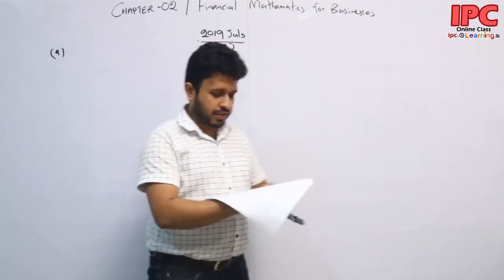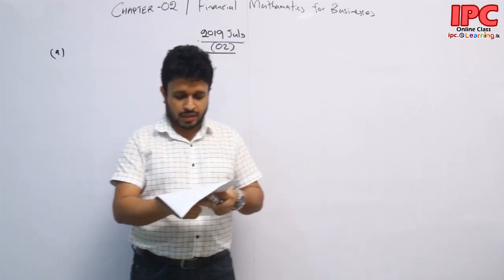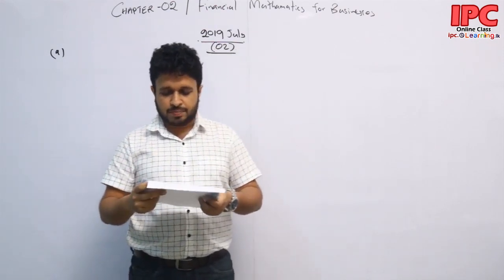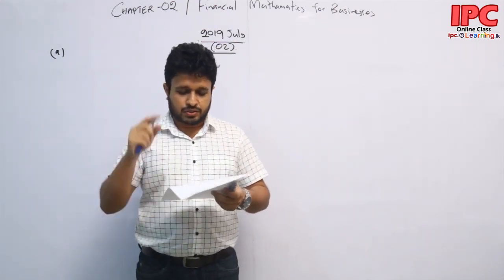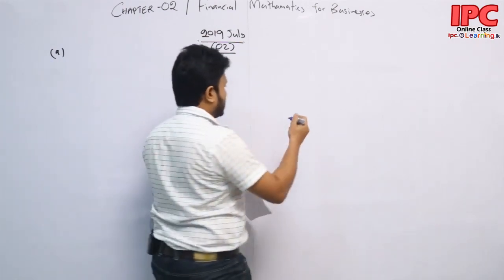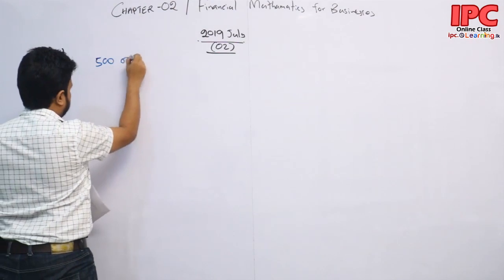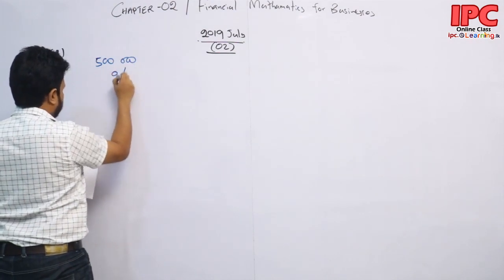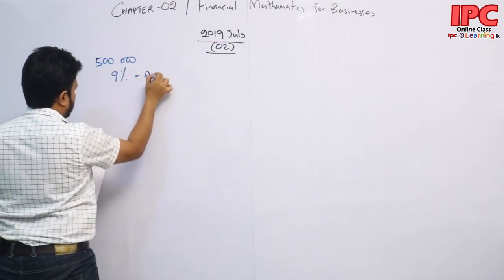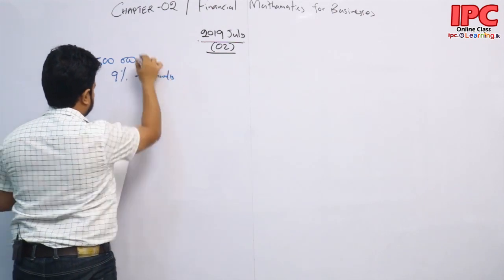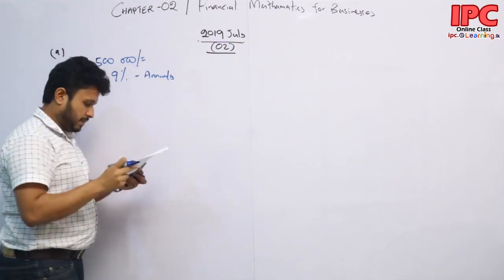Rose invested 500,000 in a bank account at an interest rate of 9% compounded annually. So invested 500,000 in a bank account. Interest rate is 9% compounded annually. Right?